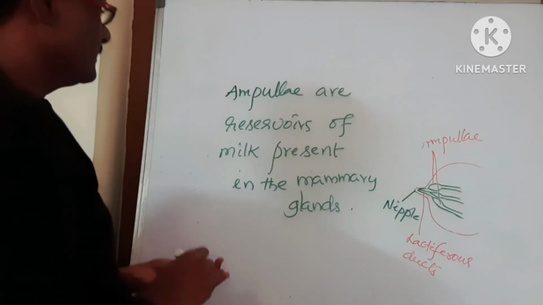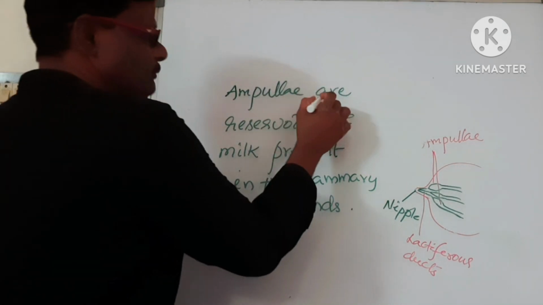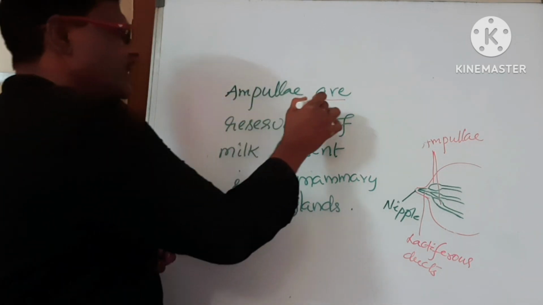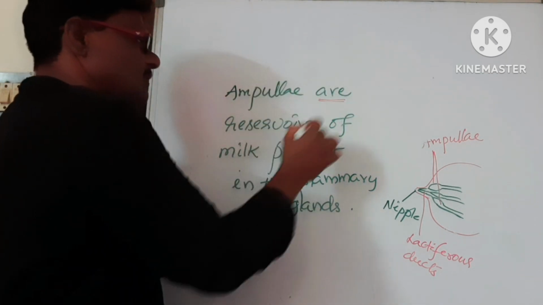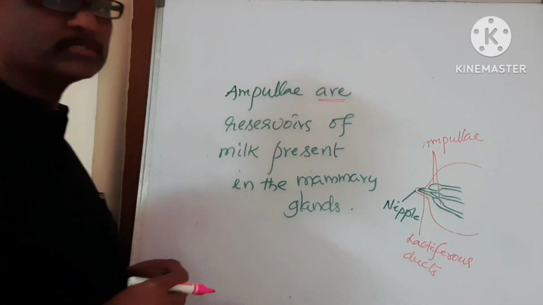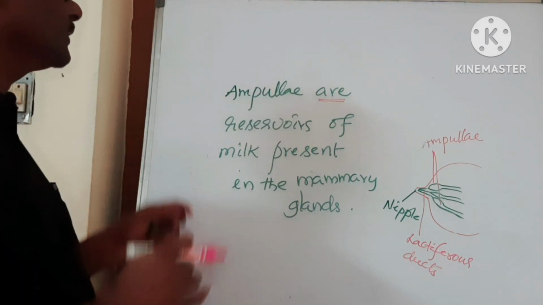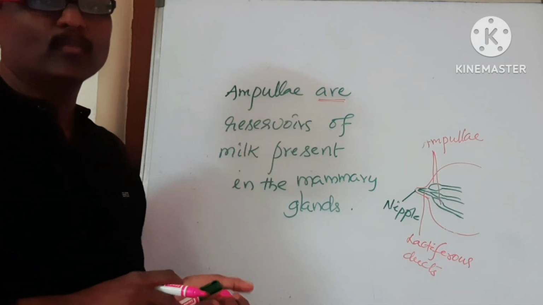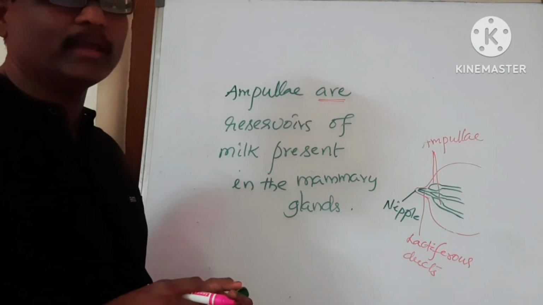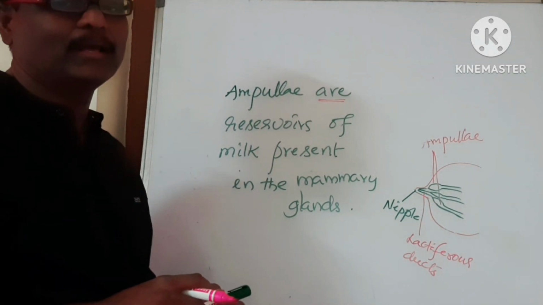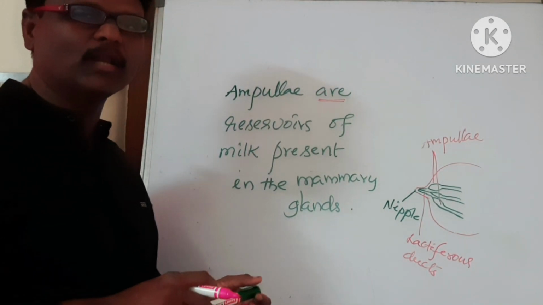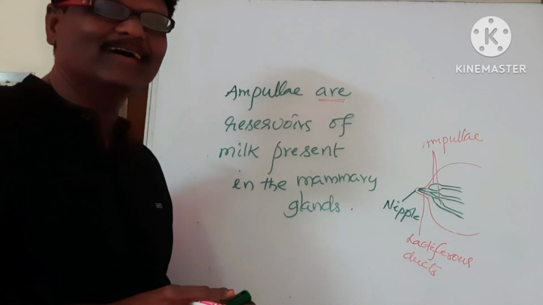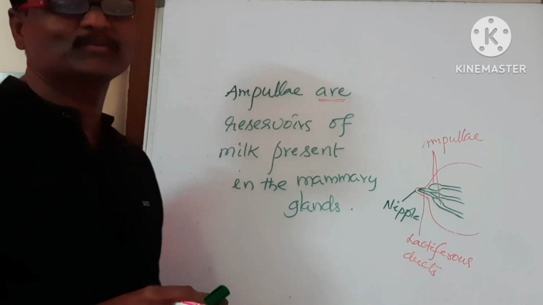Right? Here I used the auxiliary verb. So in every context I have been mentioning singular and also plural auxiliary verbs. Ampulla is okay, but ampullae are. Alveolus is, alveoli are. Alga is, algae are. Okay.